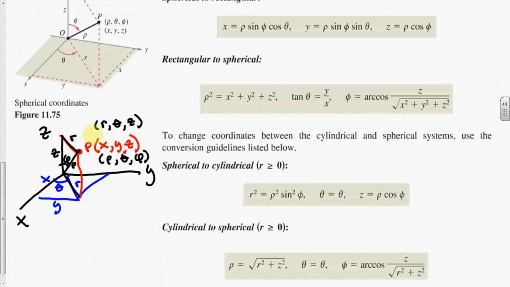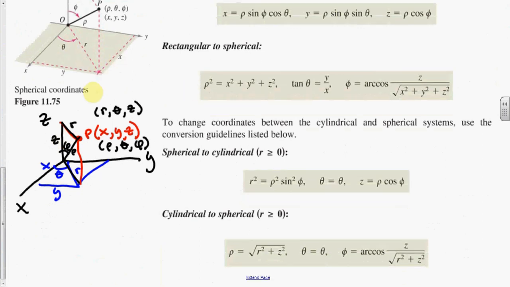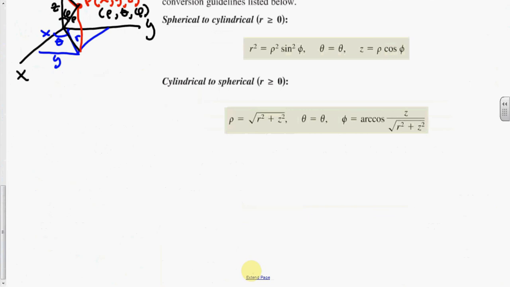Now what I'm going to do is take this triangle here that's embedded in there and pull it out, so we can just look at it by itself, so it doesn't look too cumbersome. So here I have phi.